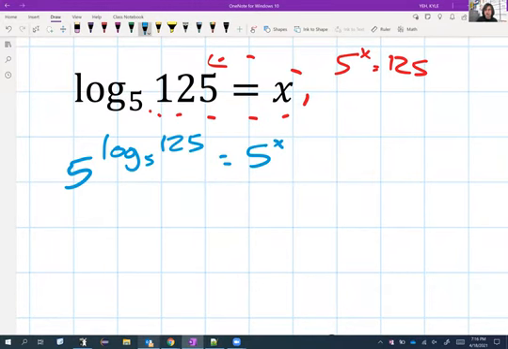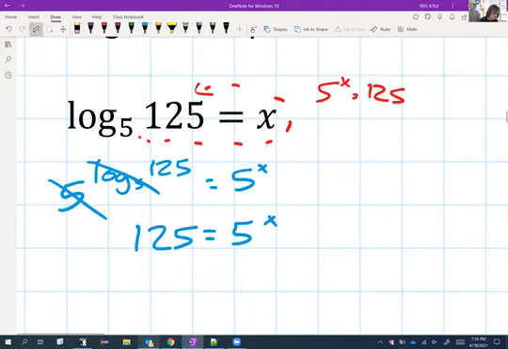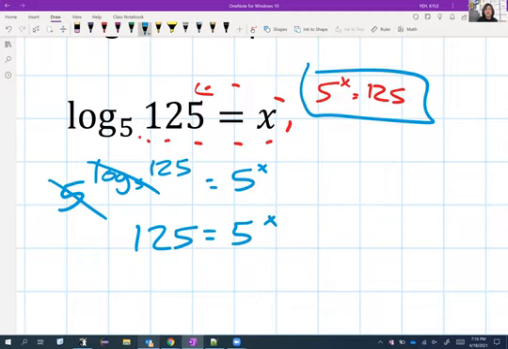Now, why did I choose 5 specifically? Because that was my base. And 5 to the log base 5 counteracts. They cancel each other out. We get 125 equals 5 to the x power, which, if you'll notice, is exactly what we got with the loop, right? 5 to the x equals 125.